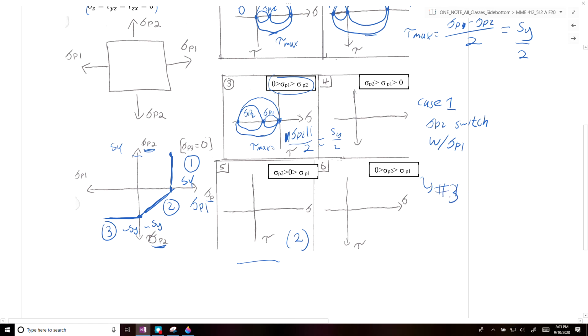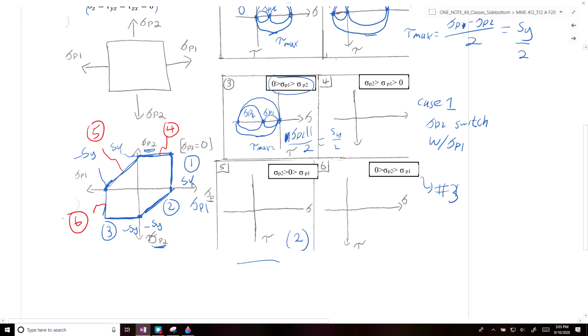So what this ends up looking like is another half of our envelope here, where this point here is SY minus and minus SY, and the top part of our graph here is referring to case number 4, this part here is referring to case number 5, and this last part here is referring to case number 6.